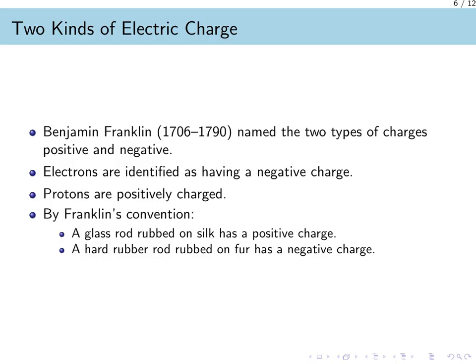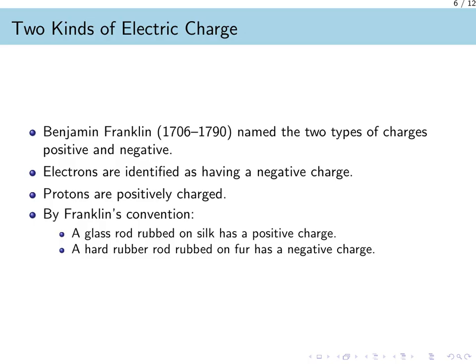Through various historical experiments, it was determined that there are exactly two kinds of electric charge. Benjamin Franklin was the individual who named these two types of charges positive and negative. At the fundamental atomic level, we identify electrons as the particles having a negative charge, while protons are the particles that are positively charged.